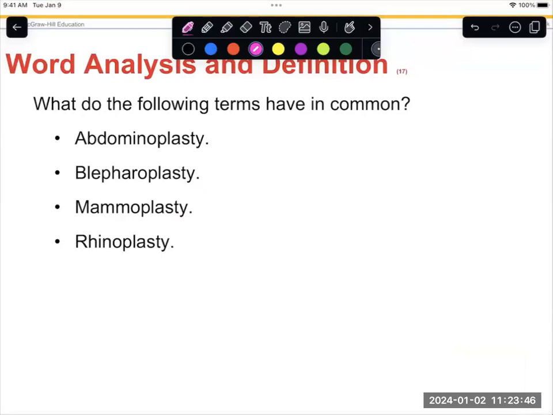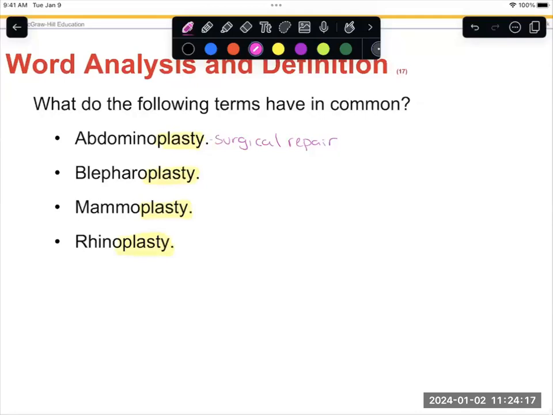So all of these words share the common suffix of plasty. Plasty means surgical repair. So an abdominal plasty, it's a tummy tuck.